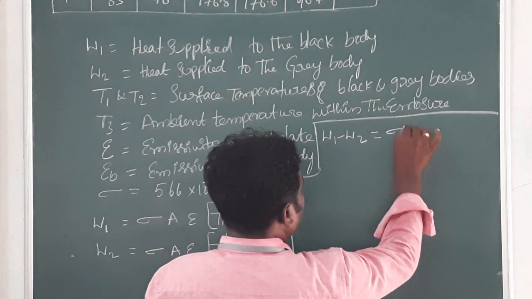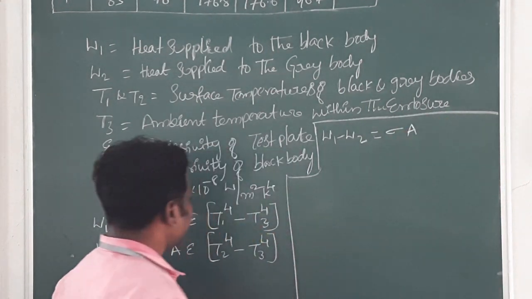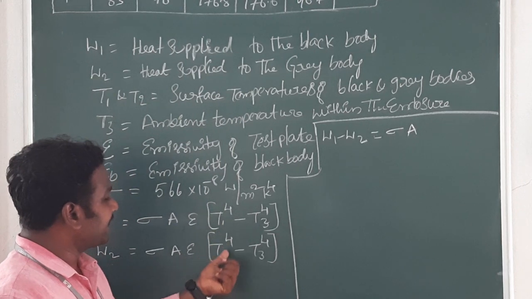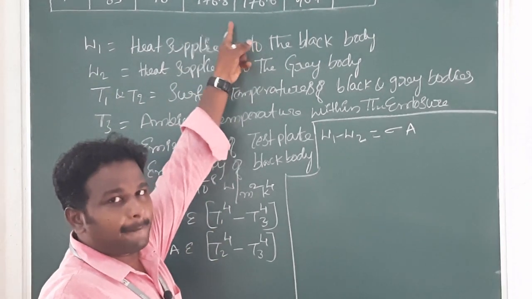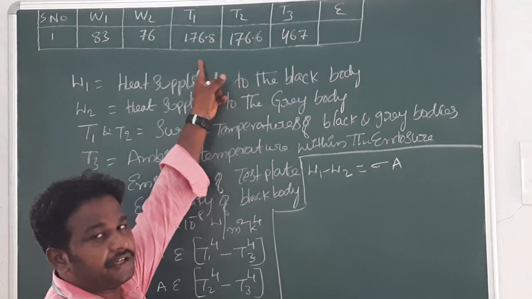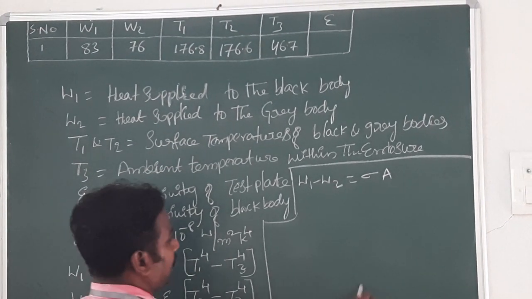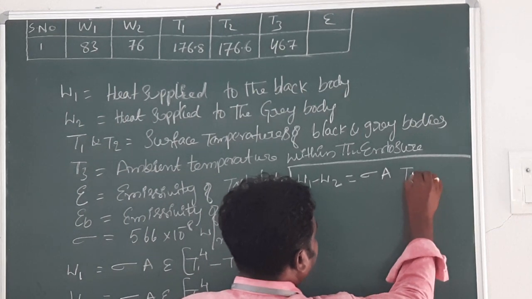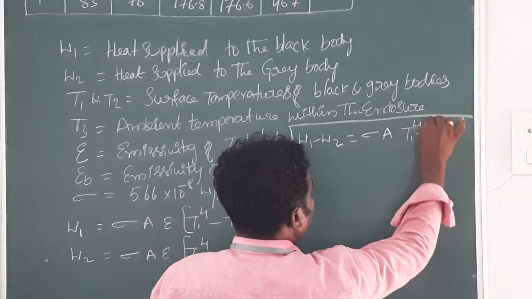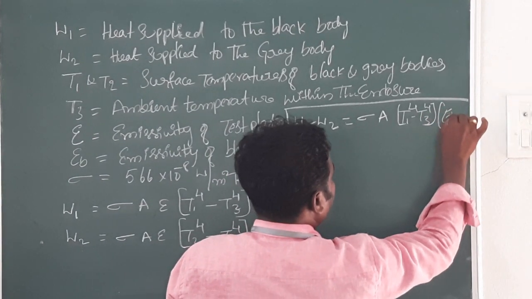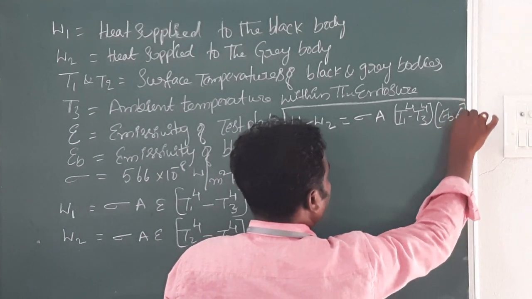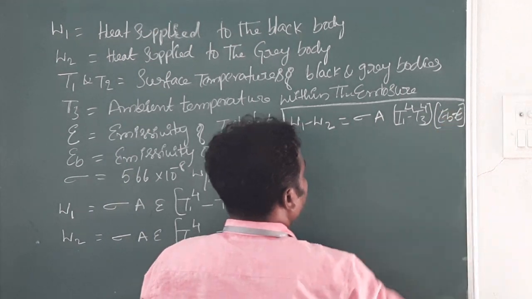So sigma A, and the temperature is the same because T1 is equal to T2. Observe here, T1 and T2 values are almost the same, and that's why W1 minus W2 equals sigma A into T1 power 4 minus T3 power 4 into emissivity of black body minus emissivity of gray body.